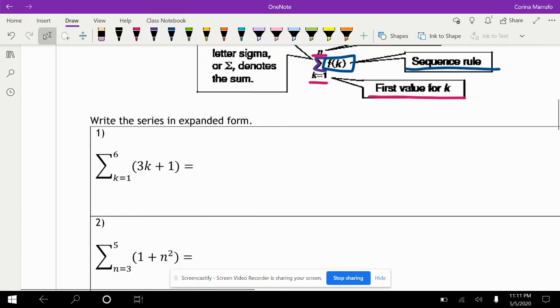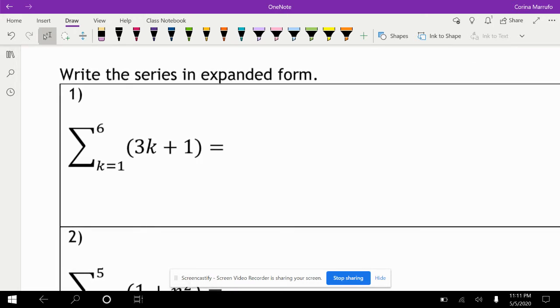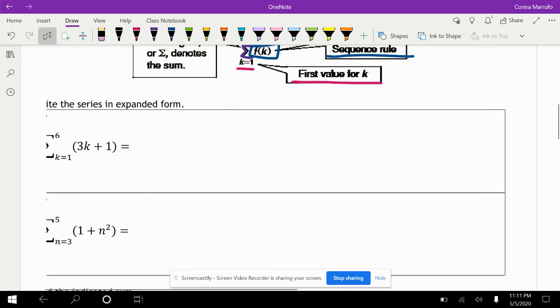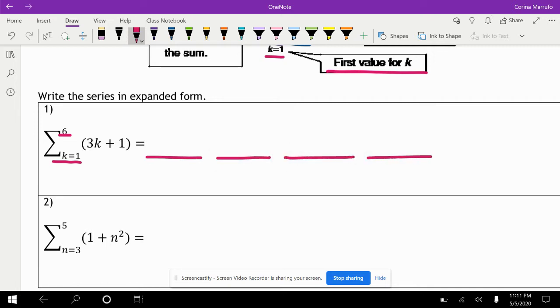If we look at this first one, it says write the series in expanded form. Since we're writing it in expanded form, we want to start at k equals 1 and end at k equals 6. So we're going to have 1, 2, 3, 4, 5, and 6.